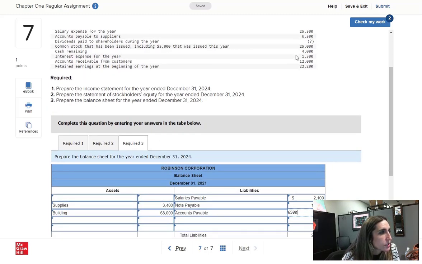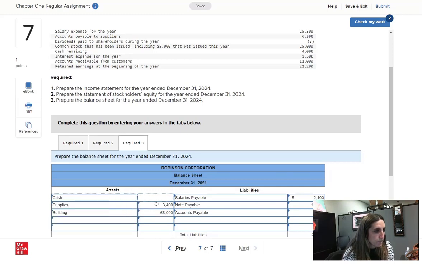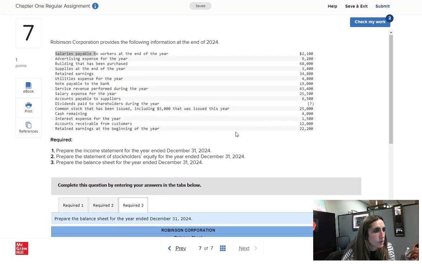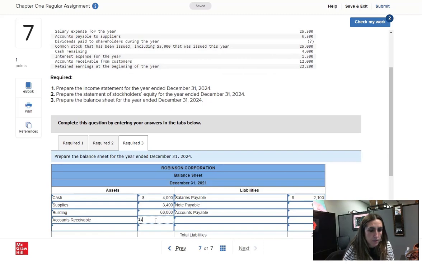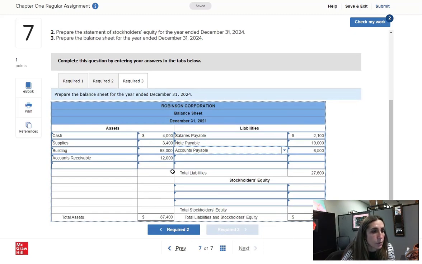It says the cash is equal to $4,000 on mine. Interest we've already used. Accounts receivables we do need to list in the asset section. Accounts receivables is the amount you need to receive from customers. Mine says $12,000. Accounts payable is what you need to pay. Accounts receivable you need to receive.